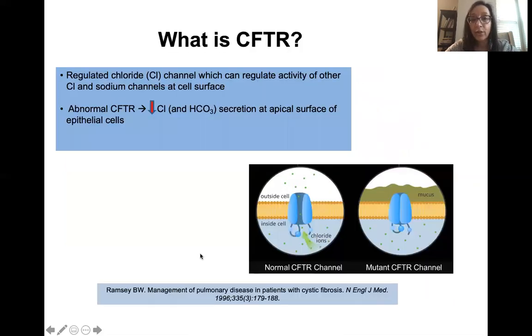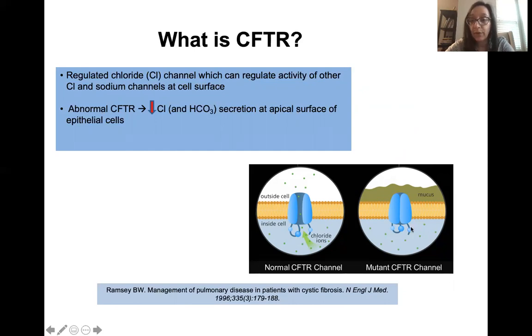It's a regulated chloride channel, and it regulates the activity of other channels and also regulates the excretion of bicarbonate. This is happening specifically at the apical surface of epithelial cells. To give you a brief characterization, this is what a normal CFTR looks like on the left-hand side, with chloride ions going across the epithelial membrane with no problems.